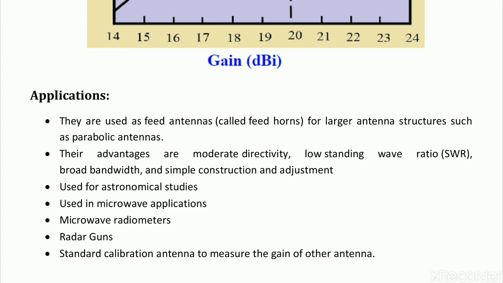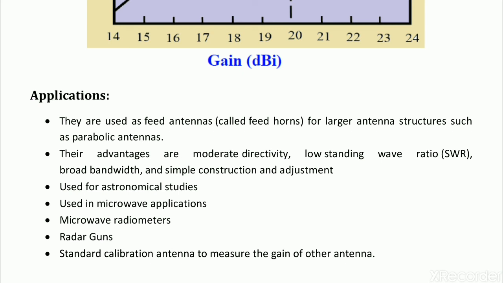That means it can be used to feed large antenna structures such as parabolic antennas. It has advantages of moderate directivity and low standing wave ratio. This is due to the flaring provided at the opening of the waveguide. It also has broad bandwidth, which we have seen is up to a 10:1 or 20:1 ratio, and is simple in construction and adjustment.